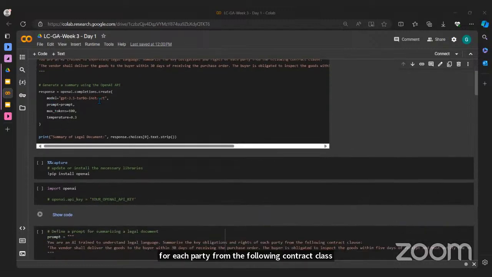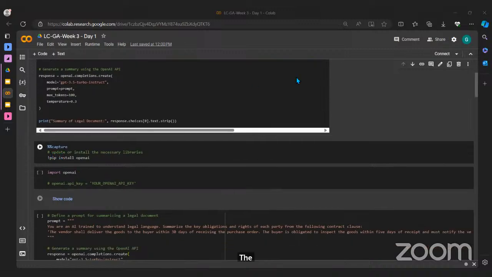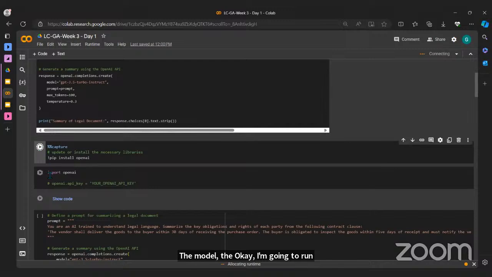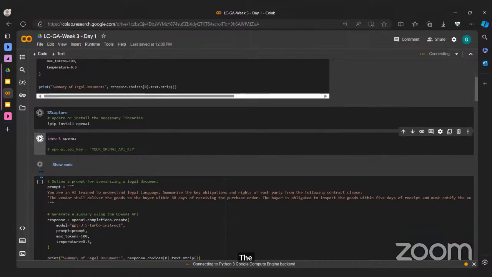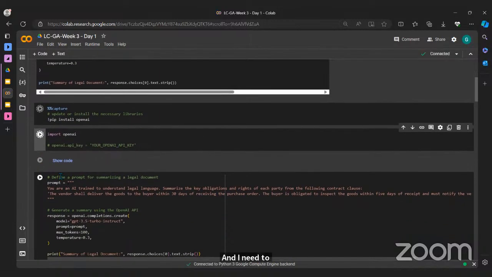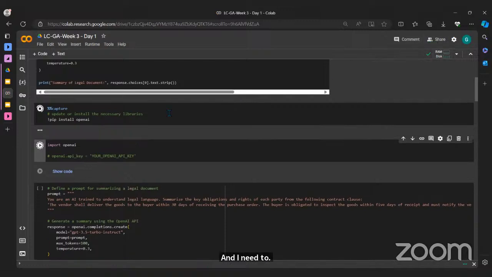So this is where we set the model, the prompt, the maximum tokens, and the temperature. Okay, I'm going to run this again. I don't think I'm connected. I need to install this. Then I need to import. Let's just wait for it. Yeah, it's connected.